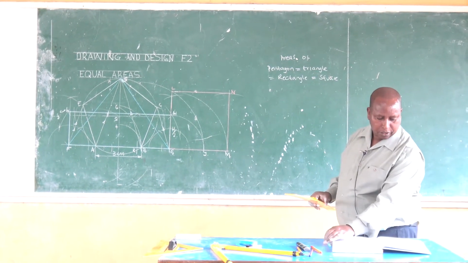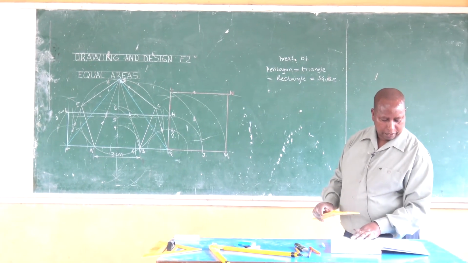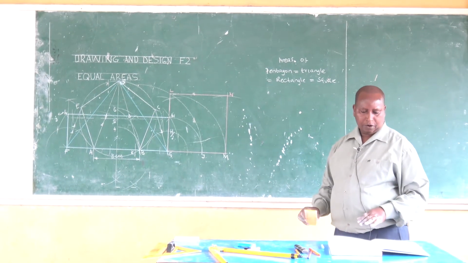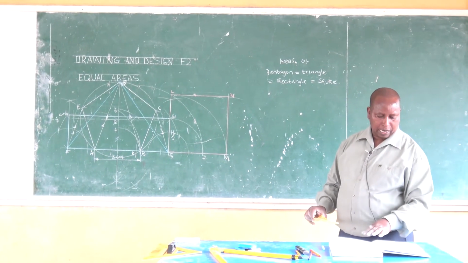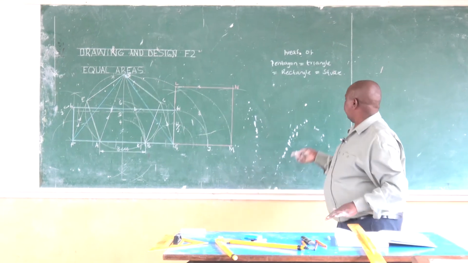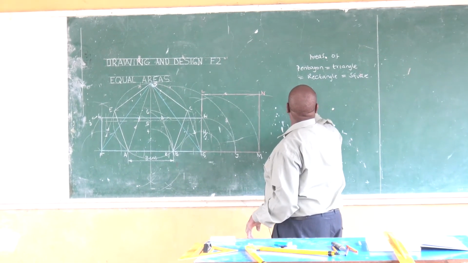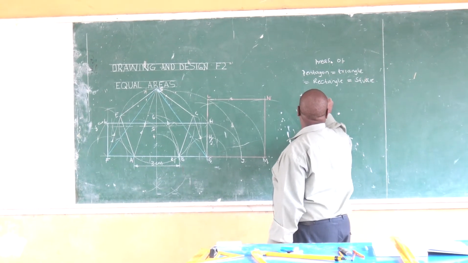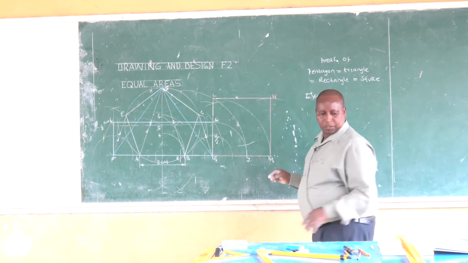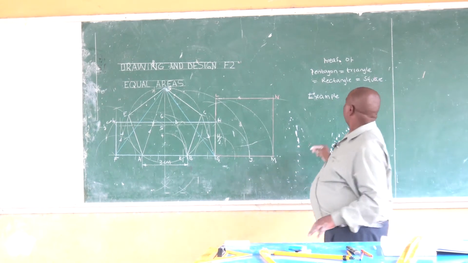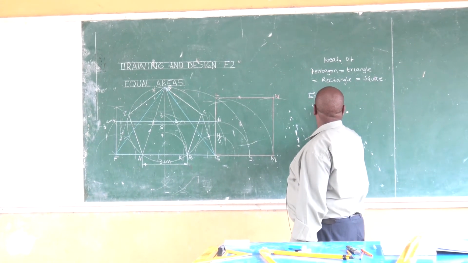Let's attempt to prove that the areas of the square and the triangle are equal. Example. Use construction method.